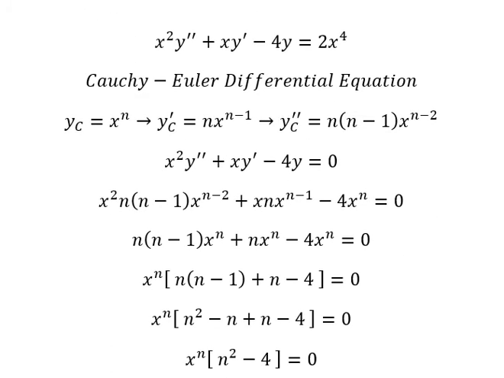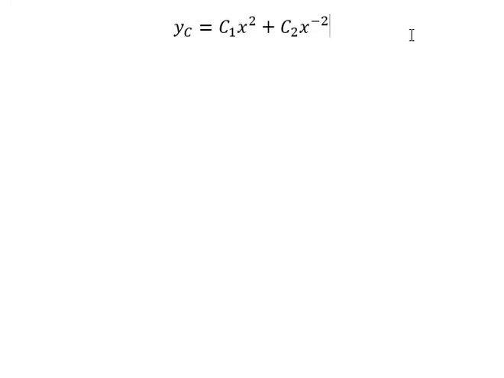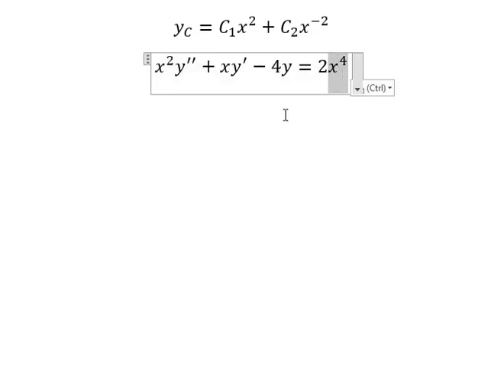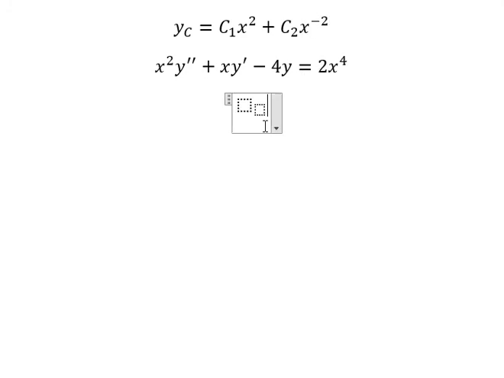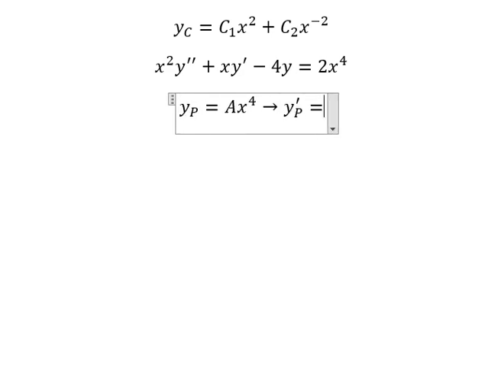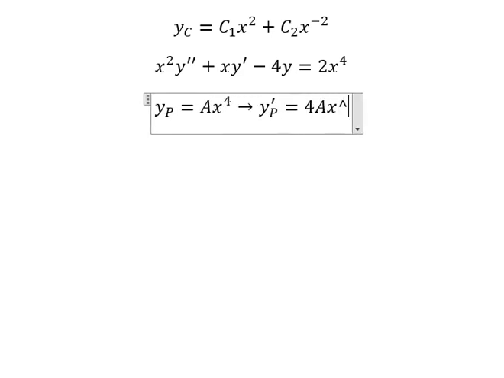Now we go to the particular solution. We have s to the power of 4 in here, so we put YB. That's the particular solution equal to a s to the power of 4. If I do the first derivative of this, we have 4a s to the power of 3.